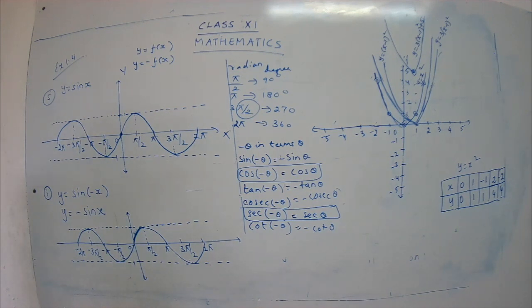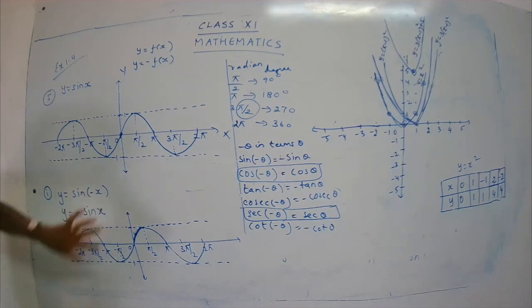That's all, simple thing. This is from which point? From reflection. So just come to page 39. From page 39, the first part under reflection, the graph y is equal to minus f(x). See, the function was y is equal to sin x, and now you have minus sin x, that means minus f of x.